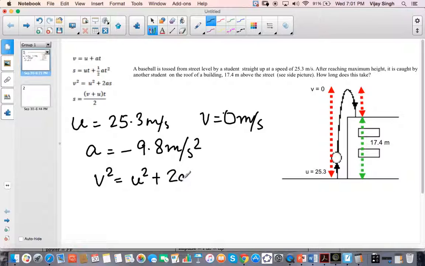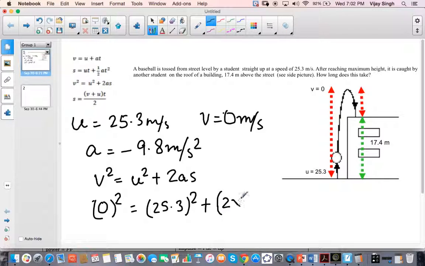What we do is we substitute in the values. The final velocity is 0, so we have 0 squared equals 25.3 squared plus twice times negative 9.8 multiplied by s.